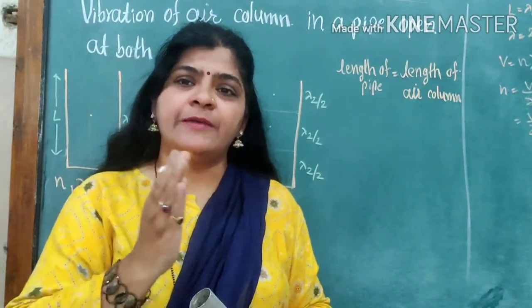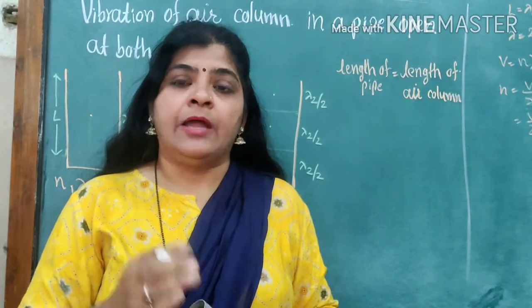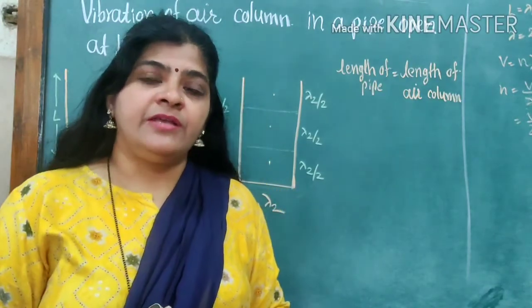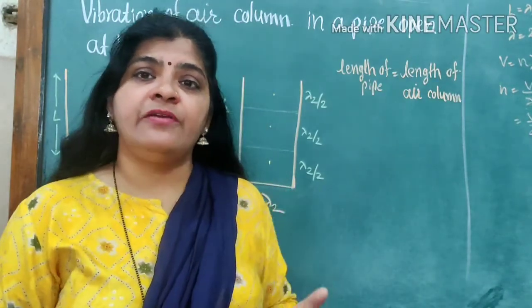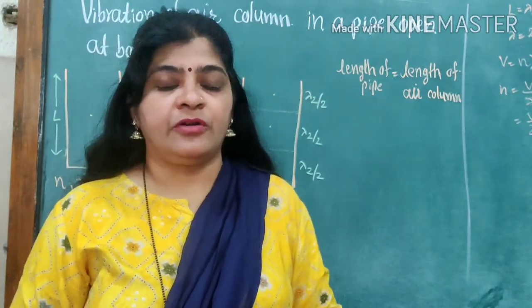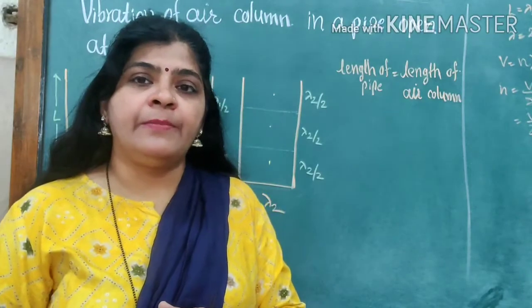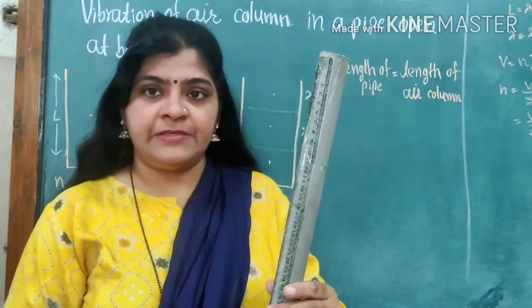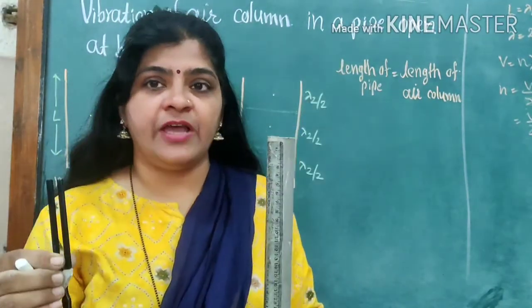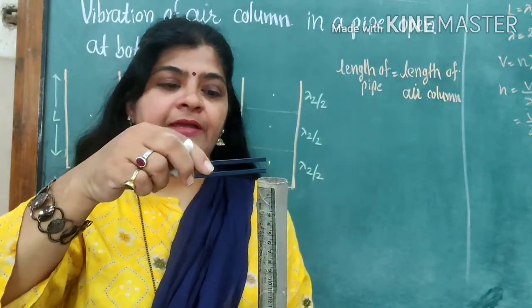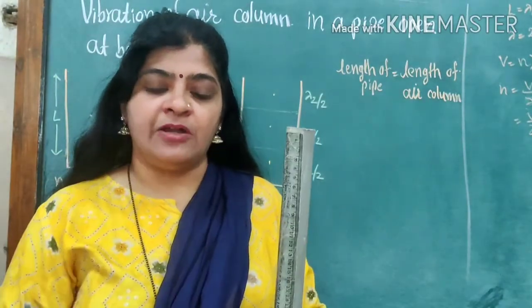Now there are three types of modes of vibration, and three types of waves are created, and these waves have different values of frequency. Different modes of vibration means the same pipe is used, the same tuning fork we are keeping at the end, and then the air column starts vibrating.